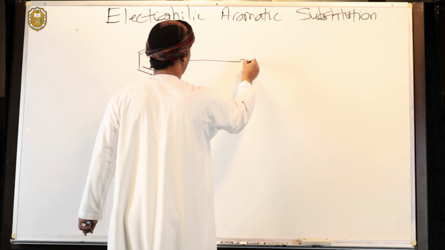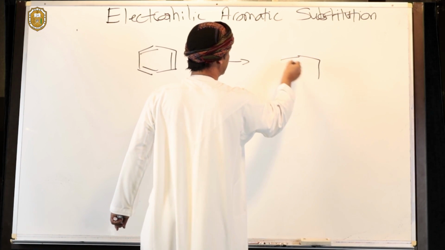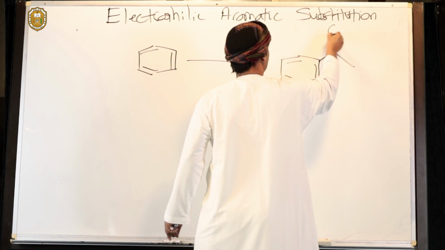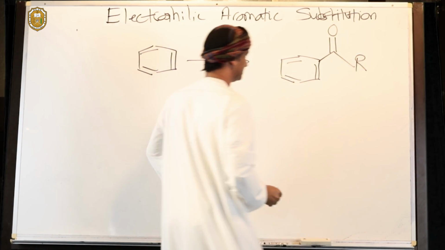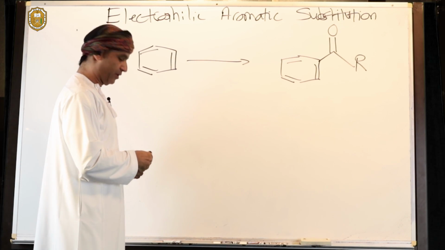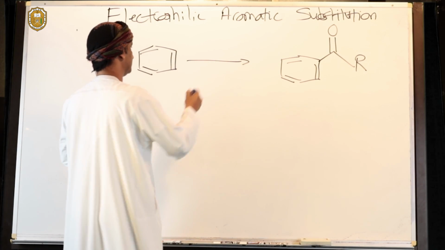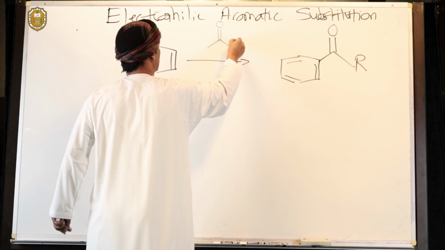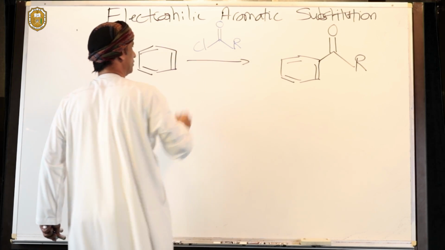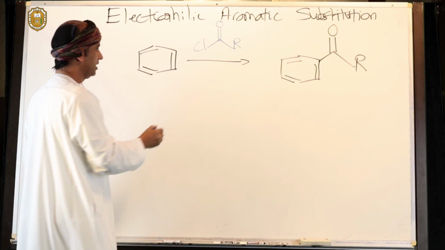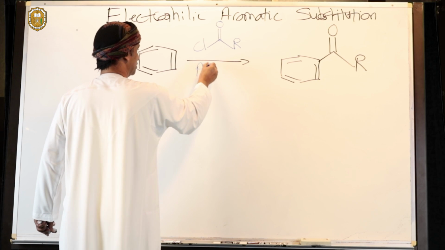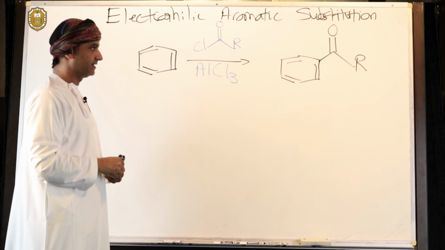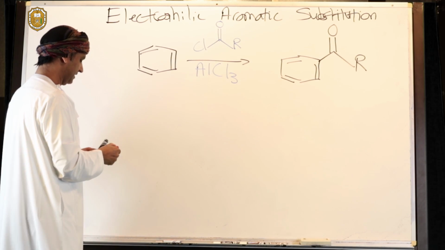So in order to make acyl benzene, which is something like that, you can expect that this acid chloride would be required, and of course, as usual, the Lewis acid catalyst. Now this reaction is acylation.